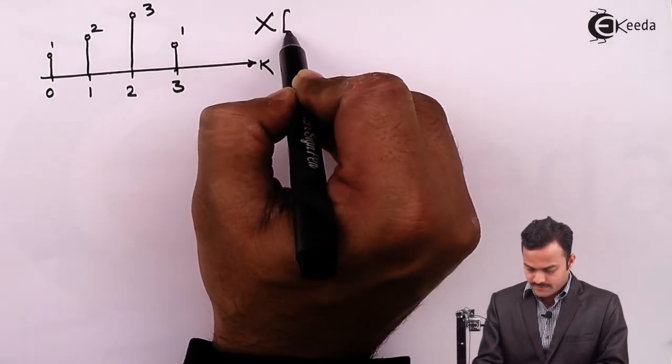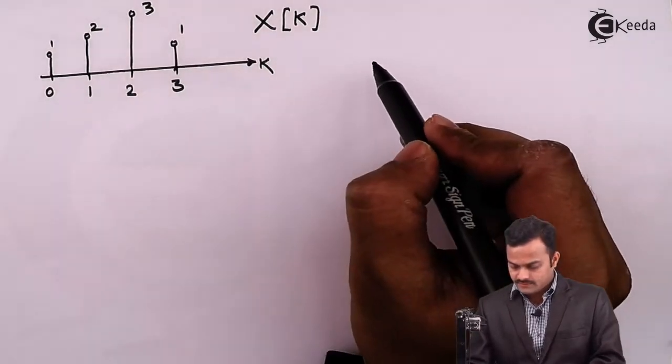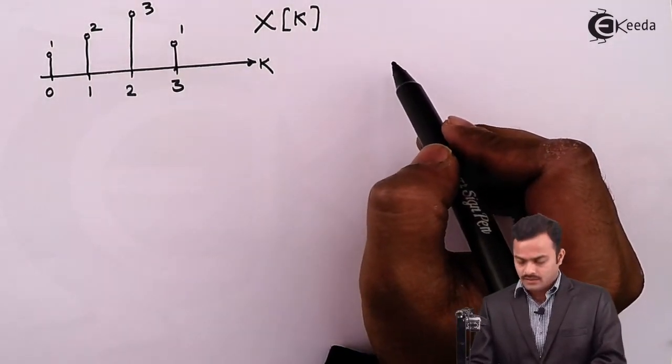So this is x of k, and we have the next signal which is h of k.